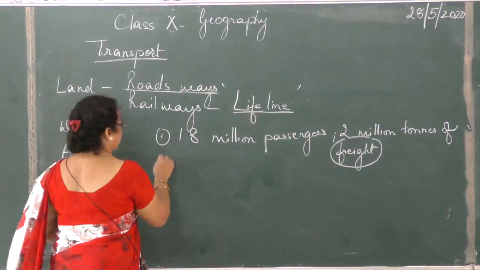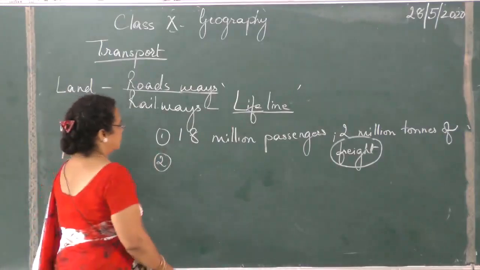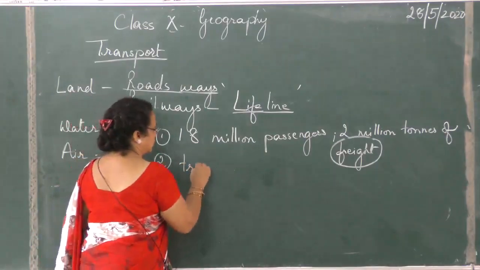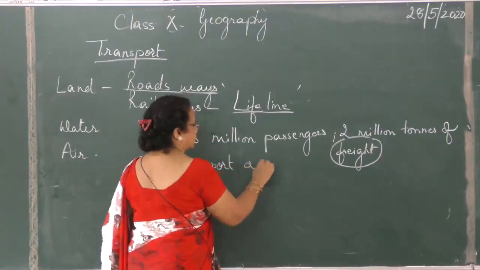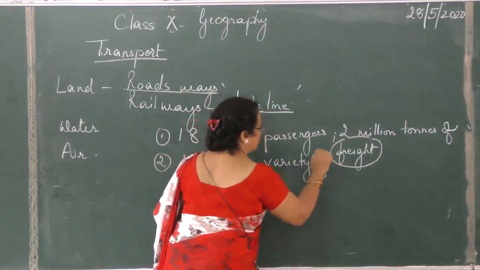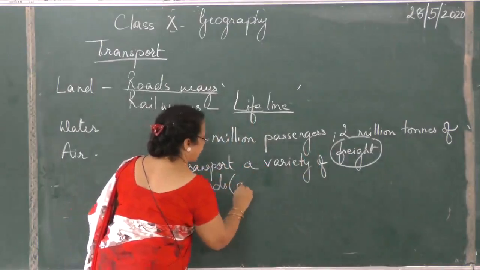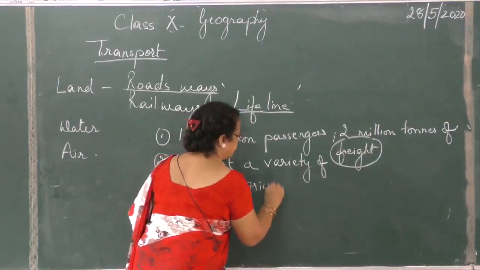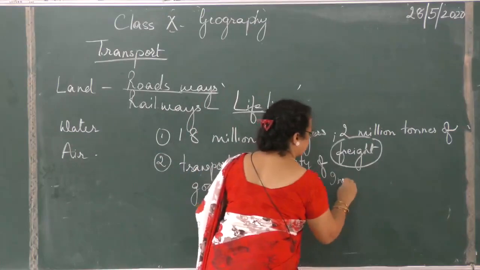Second reason why the railways are very important, they transport a variety of goods, and you will mention in brackets agricultural as well as industrial goods.